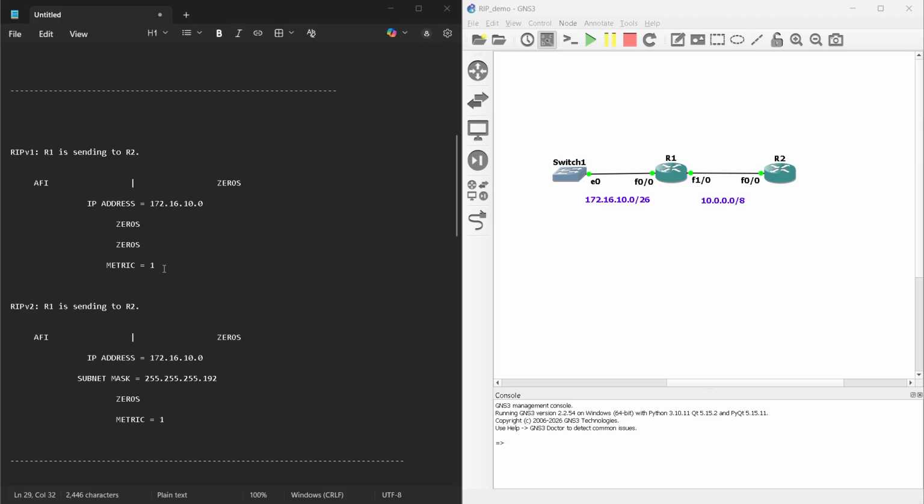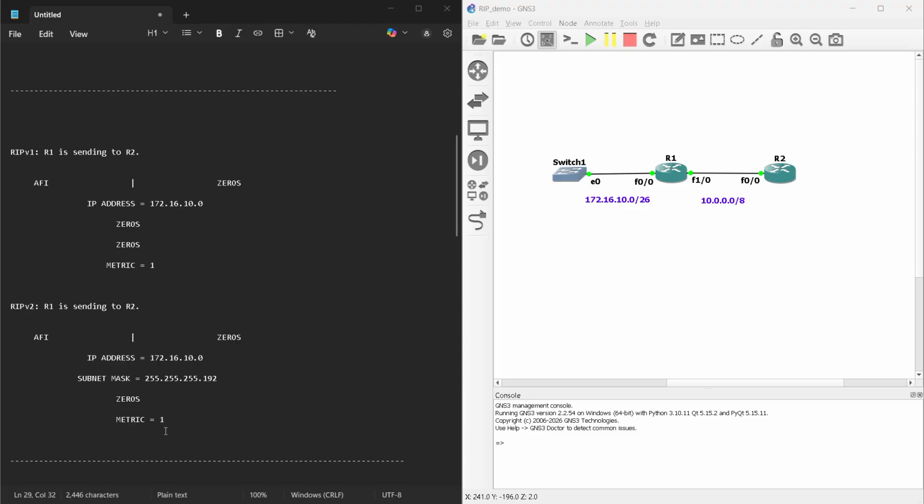This is what was happening in RIP version 1. But in RIP version 2, as we now have the subnet mask field, along with the IP address it also sends the subnet mask. So R2 understands that the network it is receiving is subnetted. The metric is 1. So this is one example.